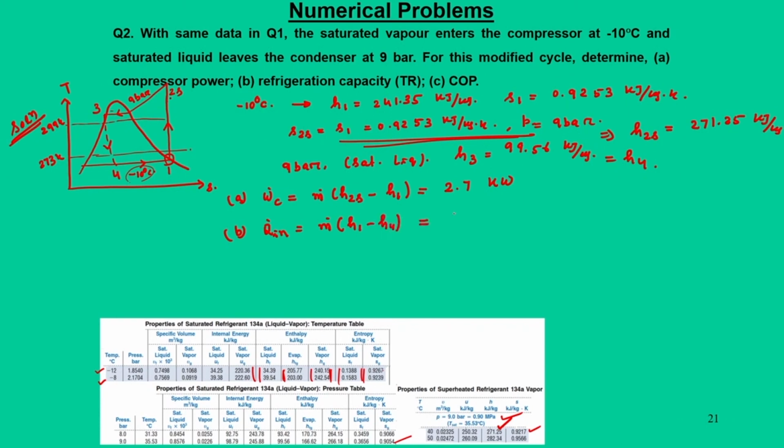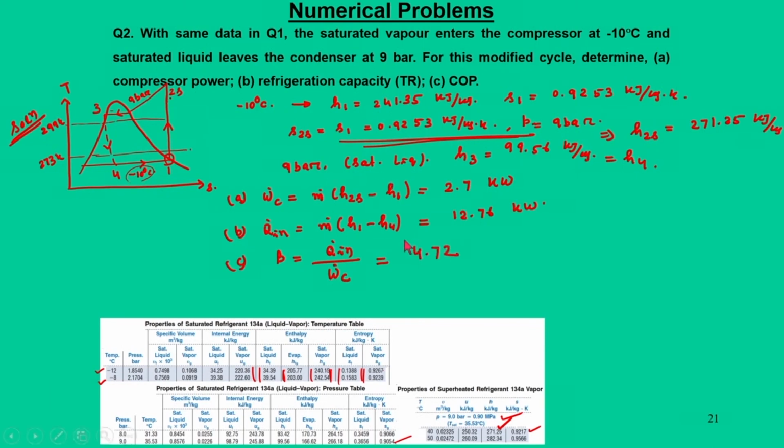So, this value would be 12.76 kilowatt. Third one, beta, that is COP, Q dot in by W dot C. So, this number would be 4.72.